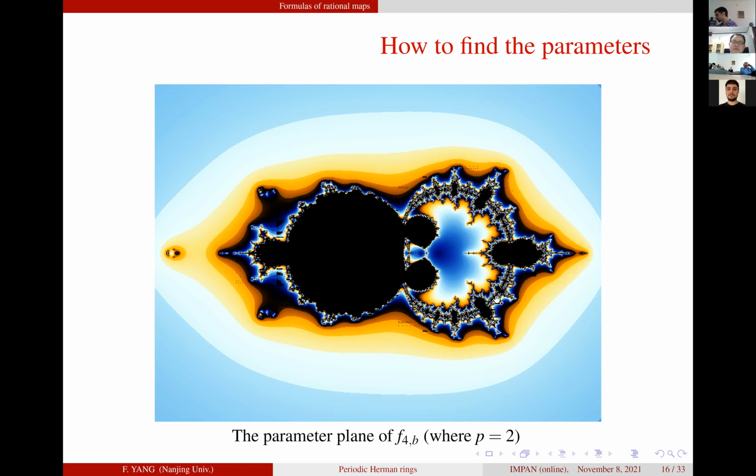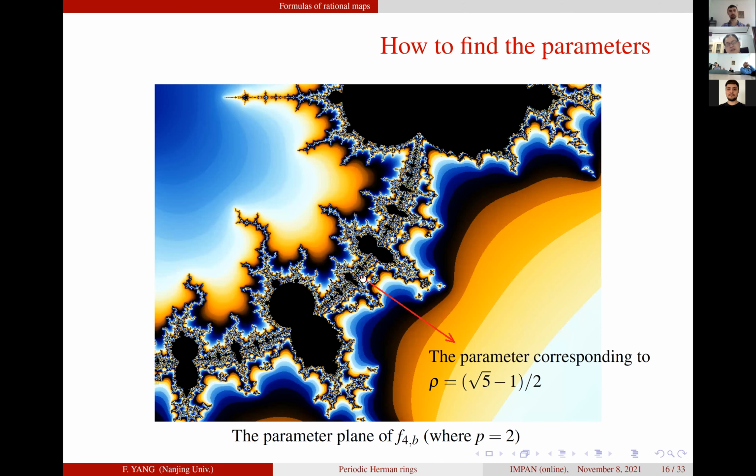We can find the Herman ring parameters on this set. If we zoom the parameter space near the bifurcation locus, we can find a more precise parameter. And this point corresponds to the golden mean rotation number.